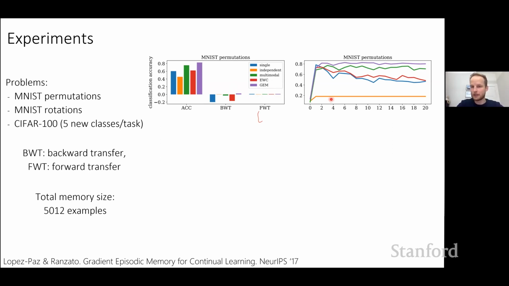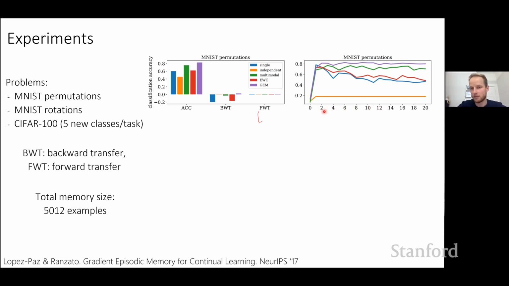And then here on the right in this plot, you see the effect of catastrophic forgetting, what's happening if you don't apply this additional constraint that they introduced. So here, on the y-axis is the accuracy of task number 1. You can see that all of the methods achieve fairly high accuracy at the very beginning when you train on that task. And then on the x-axis you see how many tasks you've seen so far.